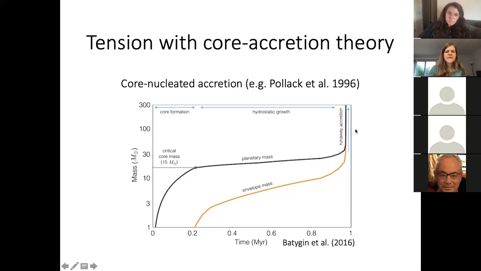And so this theory predicts that we shouldn't find any planets with a balance of 50% core and 50% envelope mass. So the fact that we have found at least 10 or so planets at this threshold has been a bit of a problem.